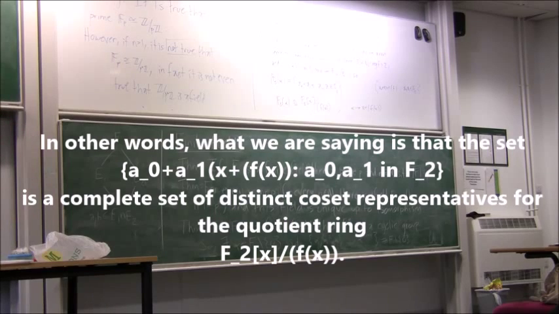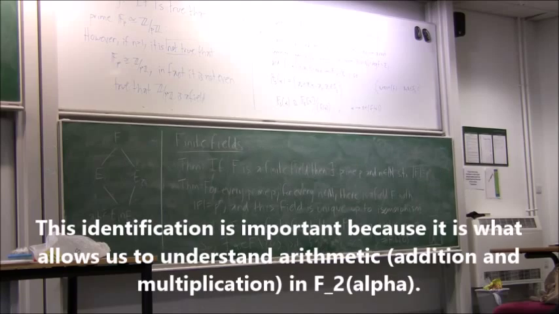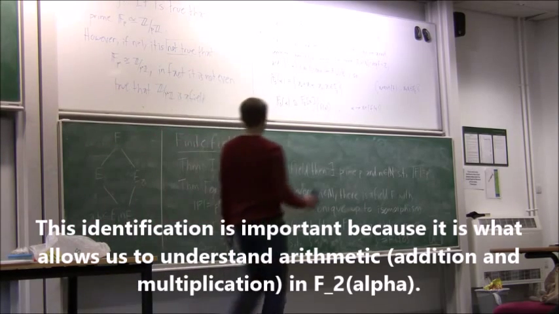Even though that's a really confusing statement, keep that in the back of your mind, so that when you multiply together things in the field and the degree gets bigger than 1, you remember that you're supposed to subtract off some multiple of the polynomial f. So the polynomial little f is what tells you how to do arithmetic when degrees get bigger than 1.